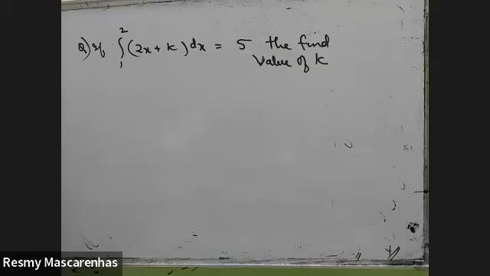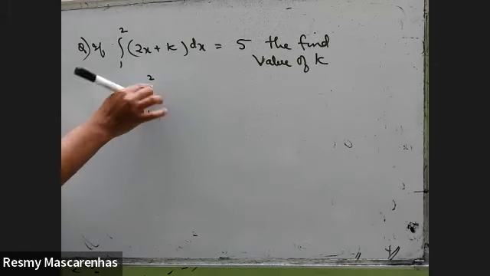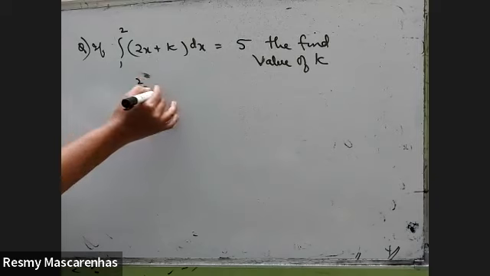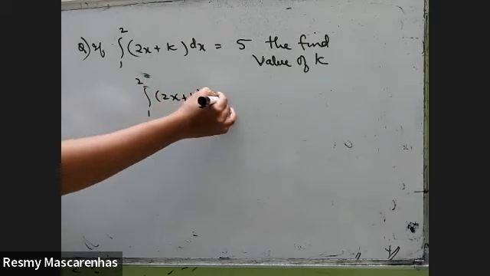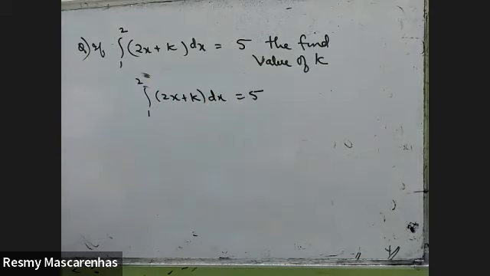So we have to integrate this. What is given is 1 to 2, 2x plus k dx is equal to 5. So we'll have to integrate this.